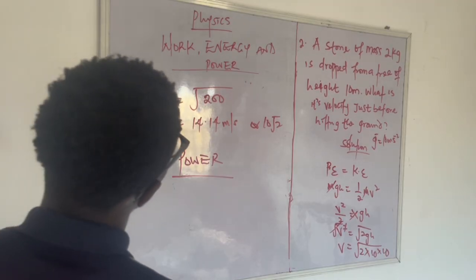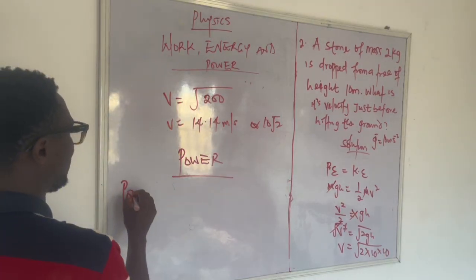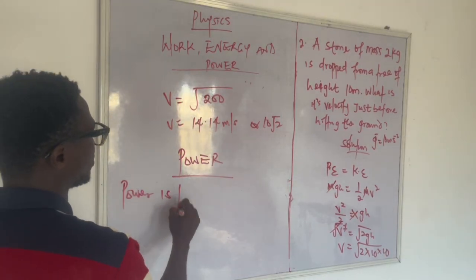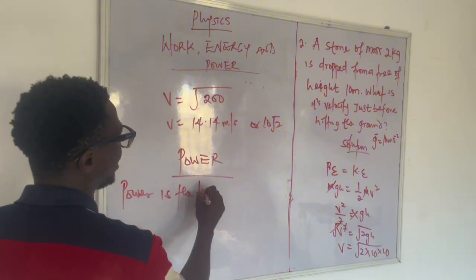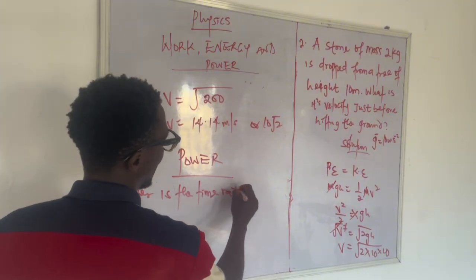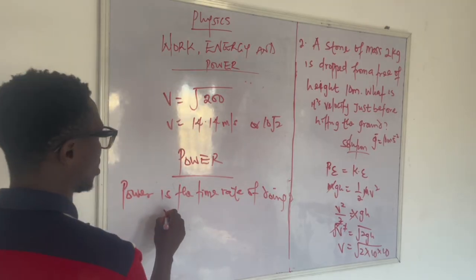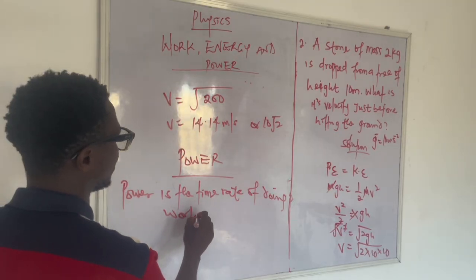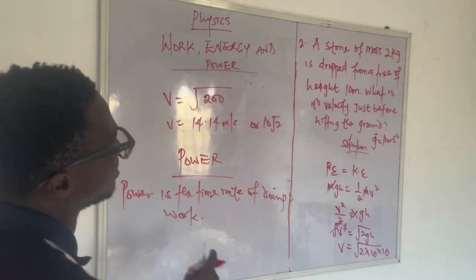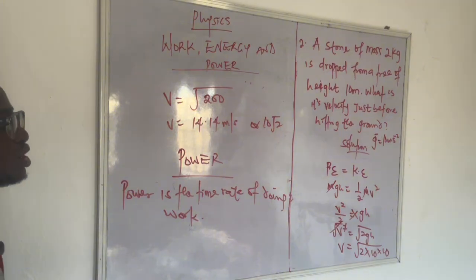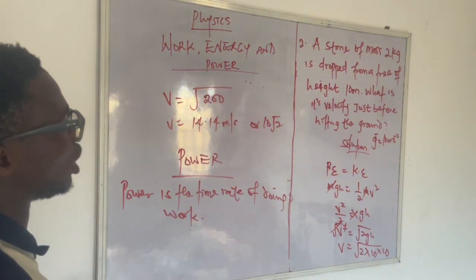We said power is the time rate of doing work, or some textbooks will say it is the rate at which work is done.